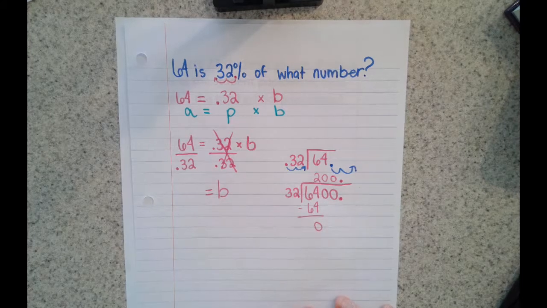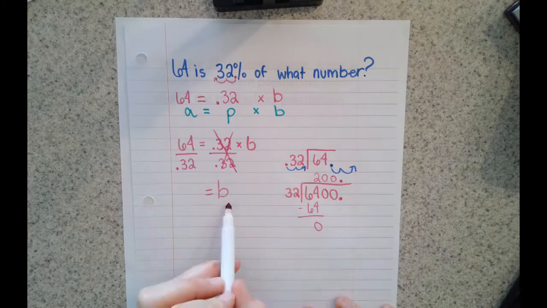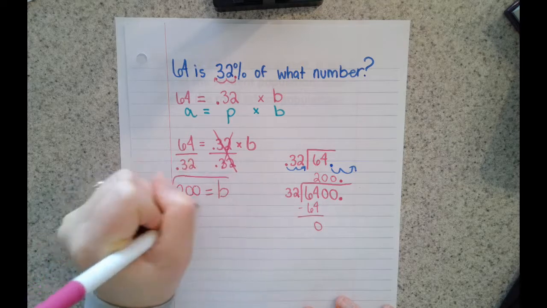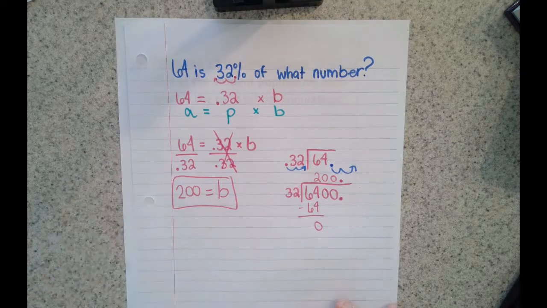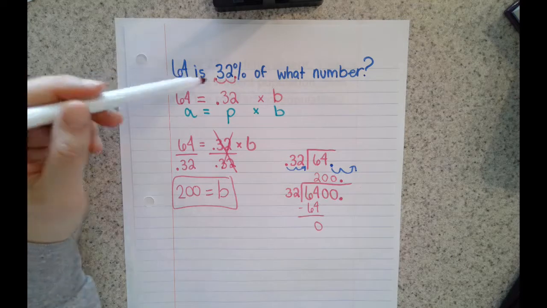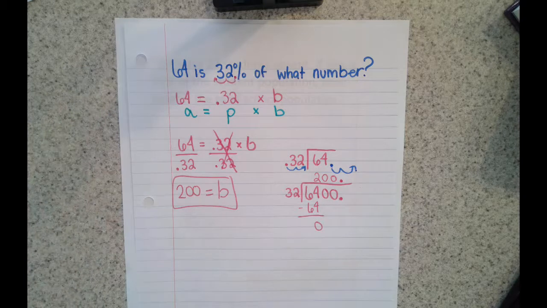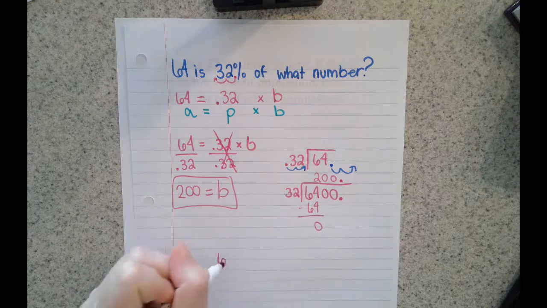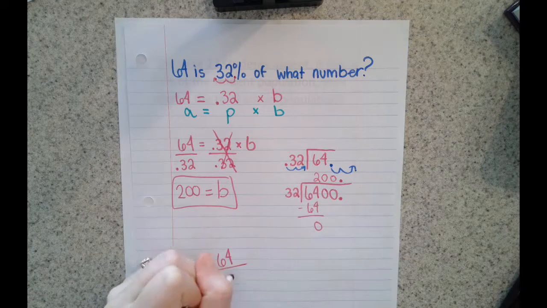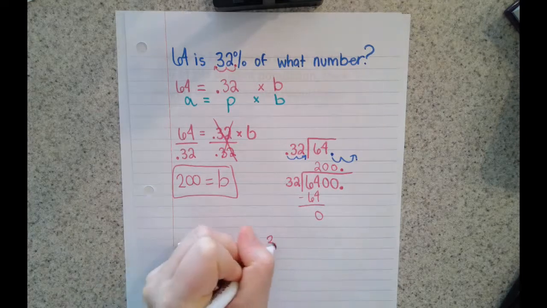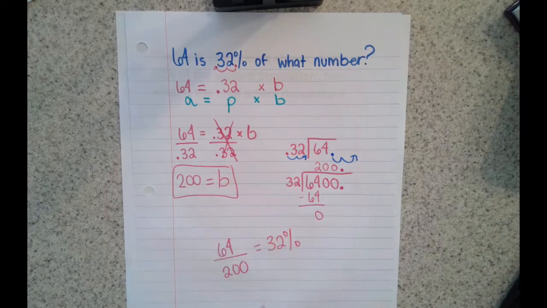Now I'm done with the division, and I know my base. 200. Okay, so 64 is 32% of 200. Or if you got a 64 out of 200 on a test, that would be a 32%. Not very good. That's an F.